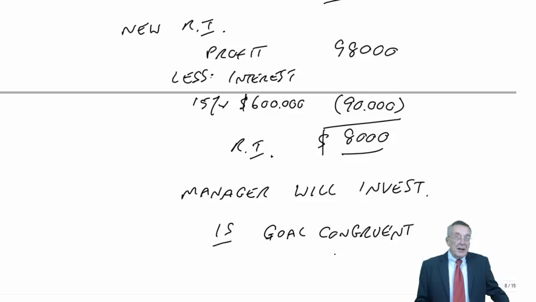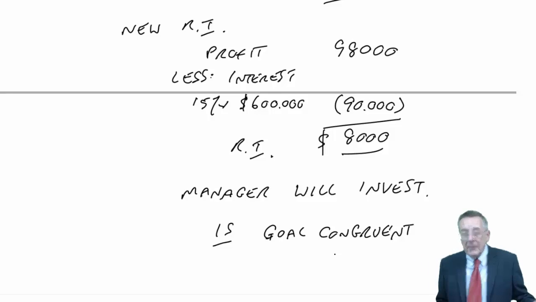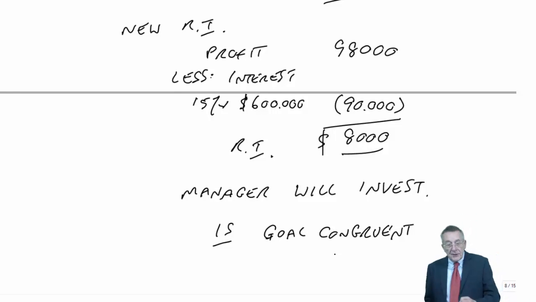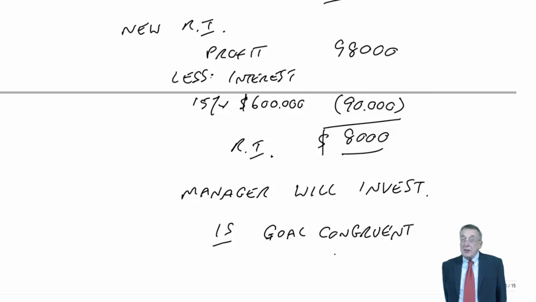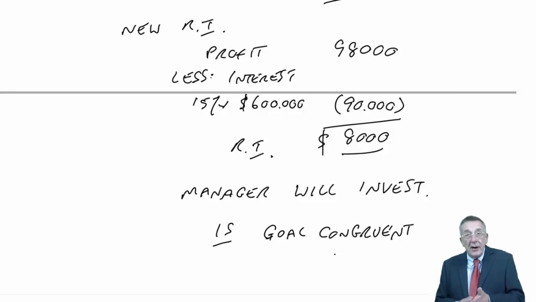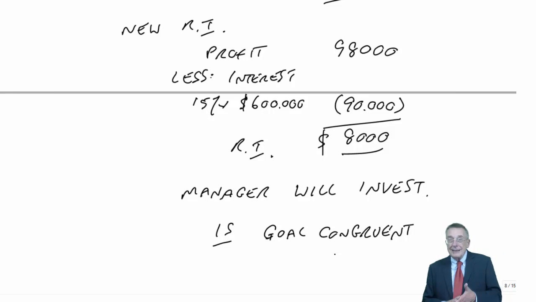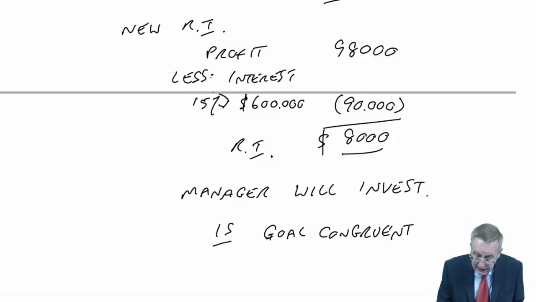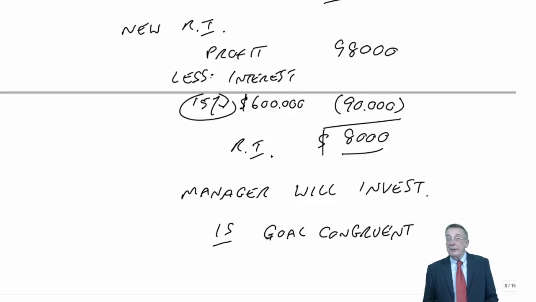Without us having to take away autonomy when it comes to new investments, with residual income the manager is motivated automatically to take new investments, provided they give more than the company's target of 15%.